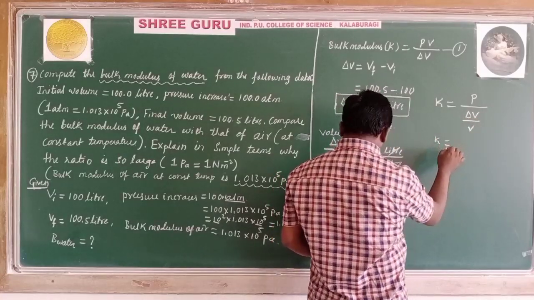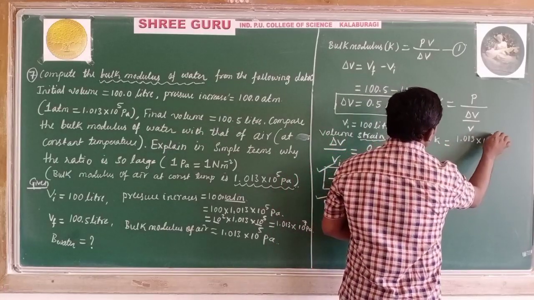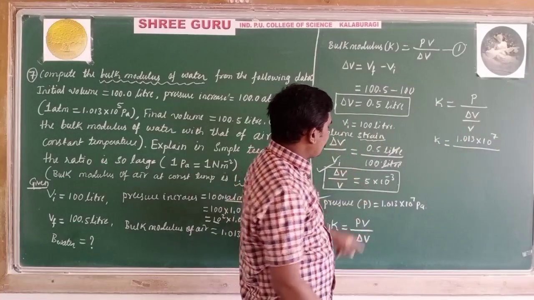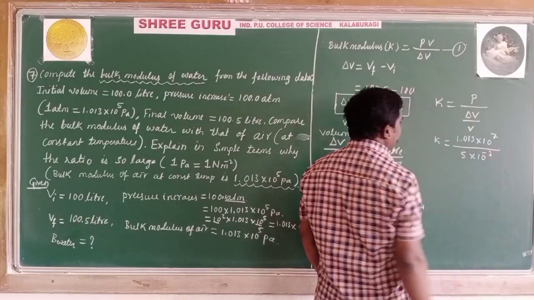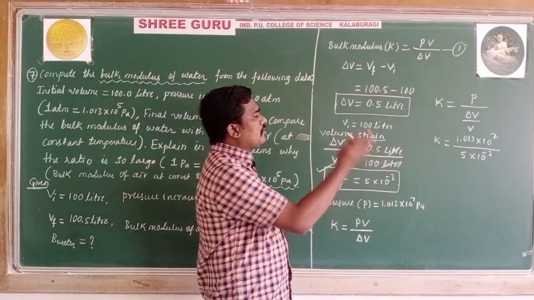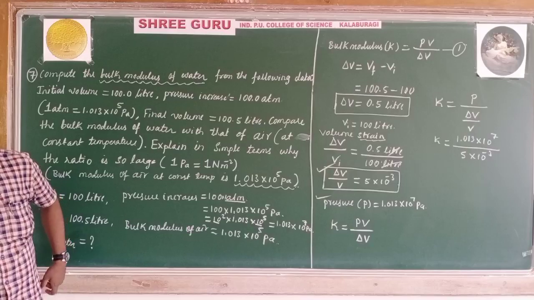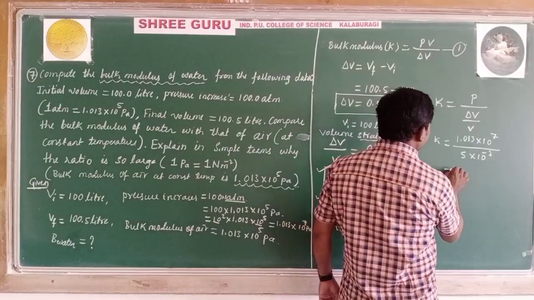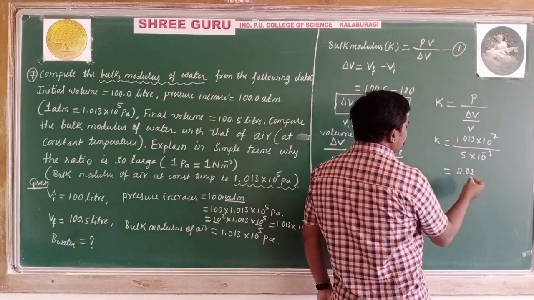Now K is equal to, what is the pressure value? That is 1.013 into 10 to the power of 7. And change in volume with respect to original volume, how much? That is 5 into 10 to the power minus 3. Just take the numerical form: minus 3 becomes plus 3 when moved to the numerator, 10 to the power of plus 3. This is 2.02 something, you calculate yourself.